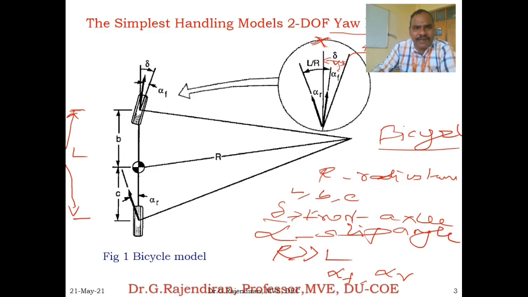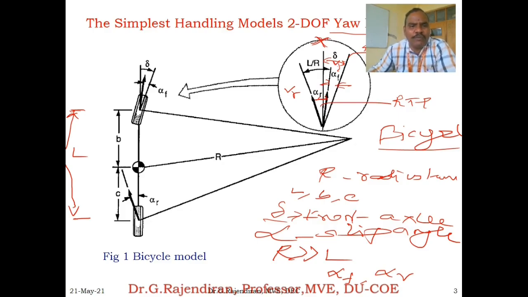The angle between the vehicle forward velocity and the front tire plane is called the slip angle of the front. Clear? The angle between the rear forward velocity Vr and the rear tire plane is called the slip angle at the rear.